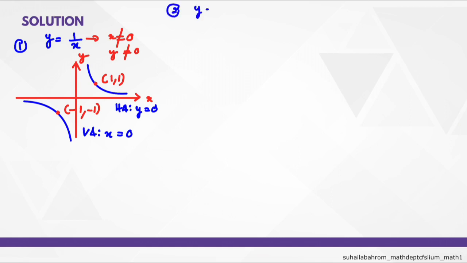Our next function is y equals 1 over x plus 1. When we sketch the graph, there is a horizontal shifting where the graph will shift to the left 1 unit. This is x, this is y. Looking at this function now, our x cannot be the value of -1.